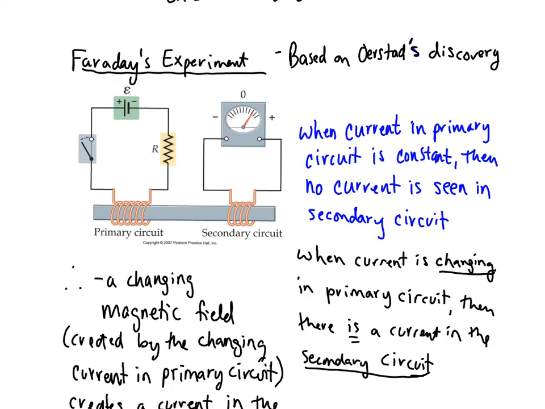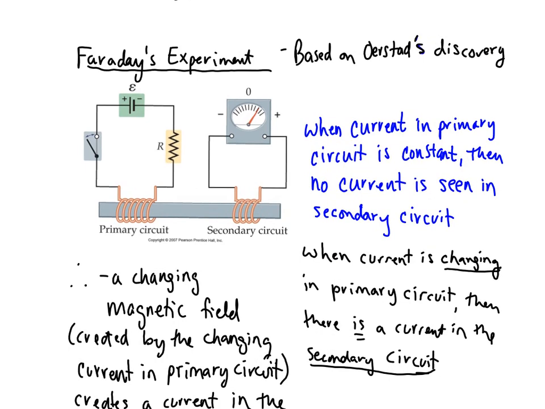So Faraday's experiment was, again, based on Hans Christian Oersted's discovery that a current, a moving charge, created a magnetic field. He created an experiment where he had a primary circuit here on the left with a solenoid, all those loops of wire there.